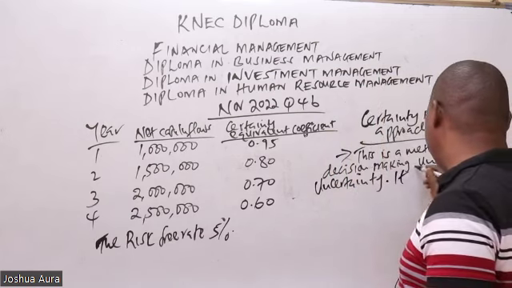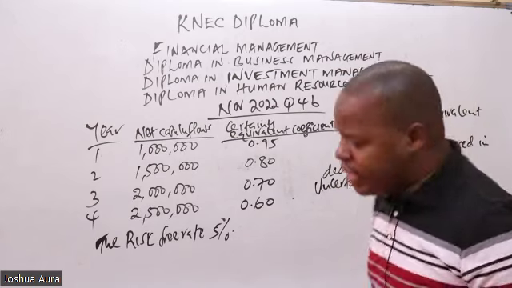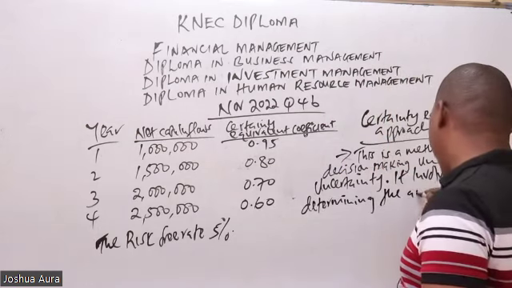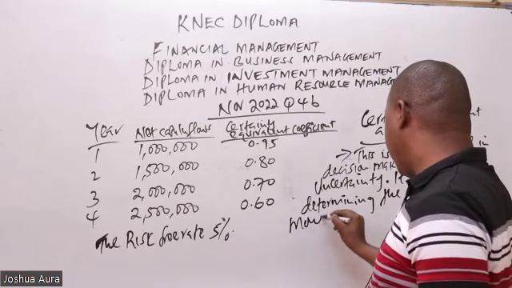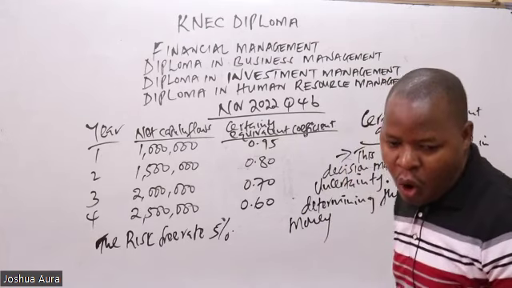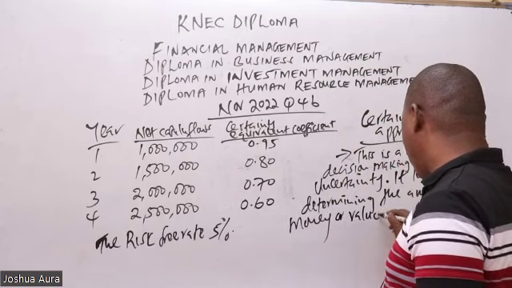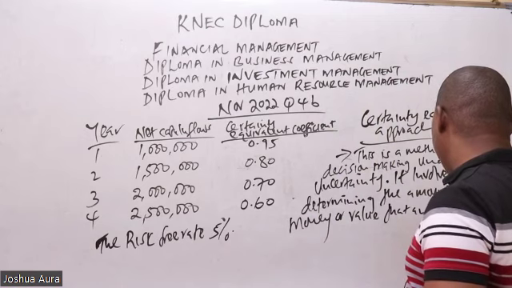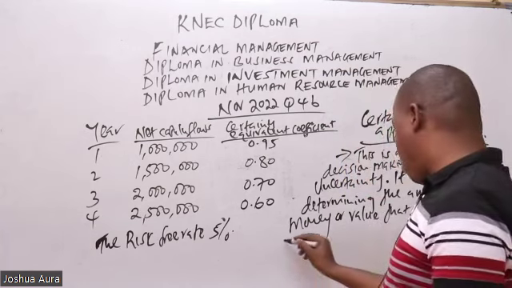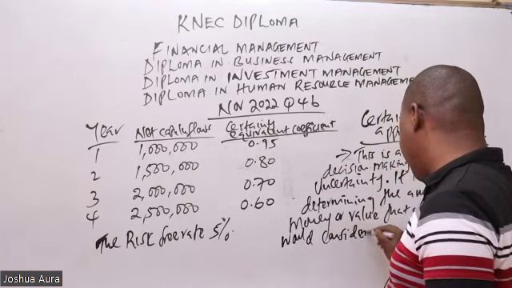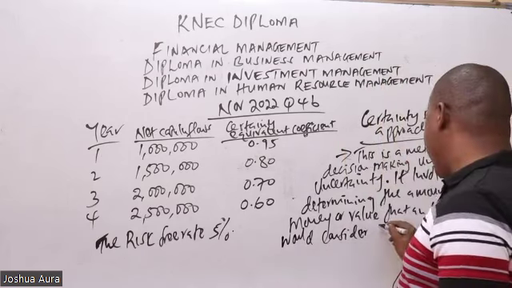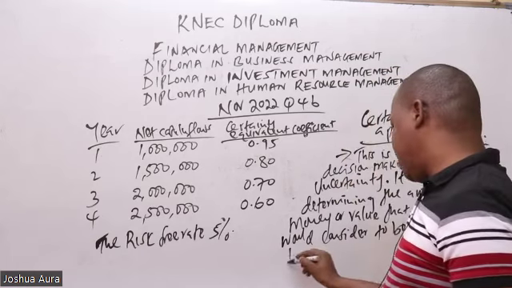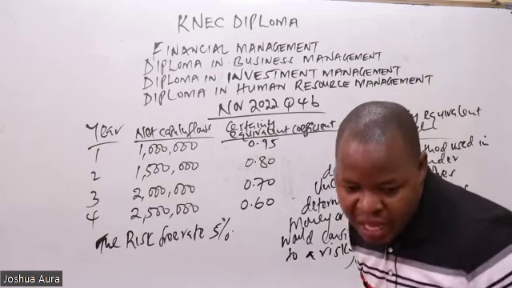It involves determining the amount of money or value that an individual would consider to be equivalent to a risky project, a risky prospect.